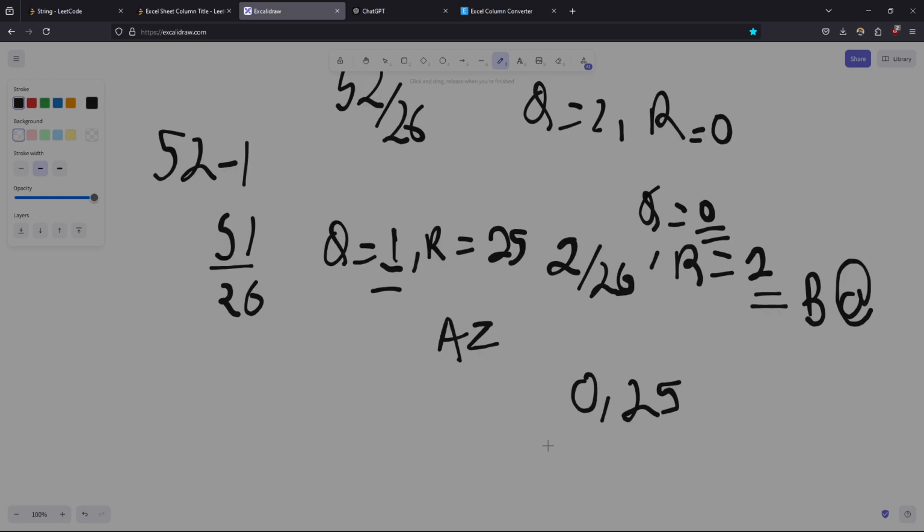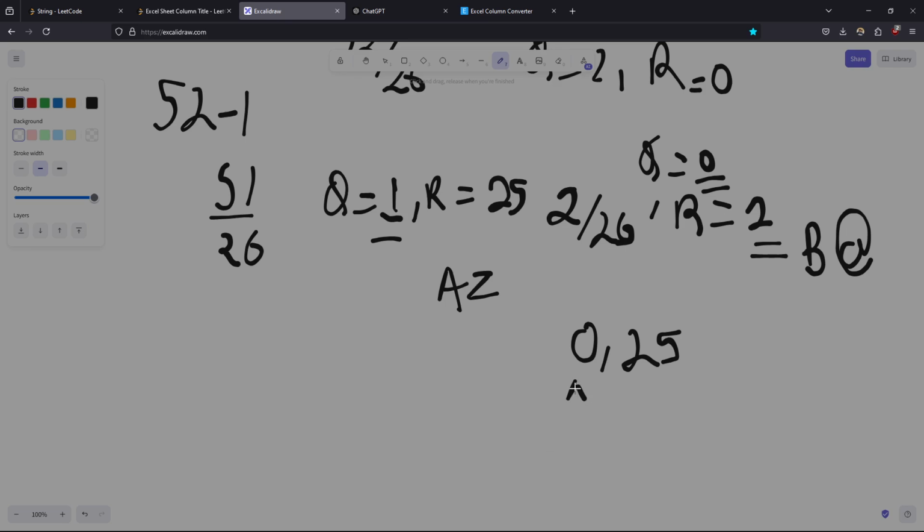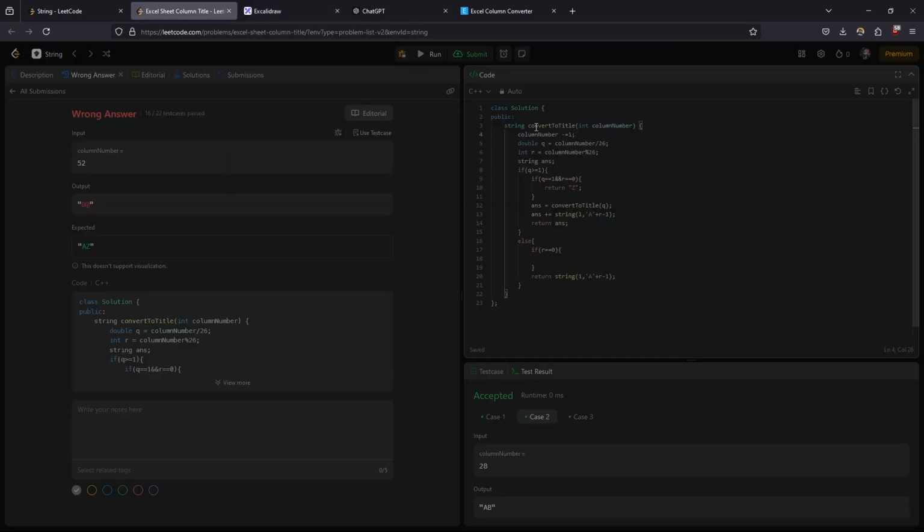And what we can do is make 0 to be A. When our number is 1, it will be subtracted by 1 and be 0, right? So if the number is 0, then we can return A. So if this happens, then we don't require minus 1 here.